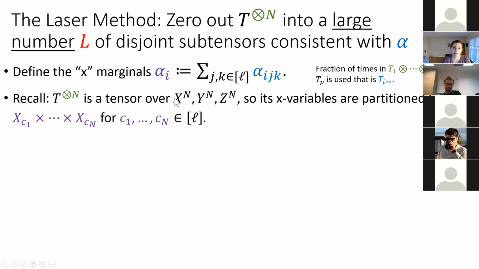So the variable sets, for example, over here in x to the nth power, the n-tuples, they're actually partitioned into these sets, where you pick a part of the original tensor, x sub c1 times a part of the... so you take n-tuples of the original x parts of the tensor. So you get a partitioning of the nth power of the tensor according to the partitioning of the original tensor.